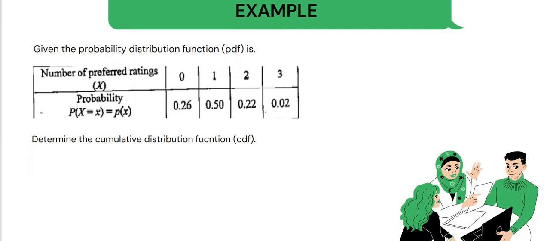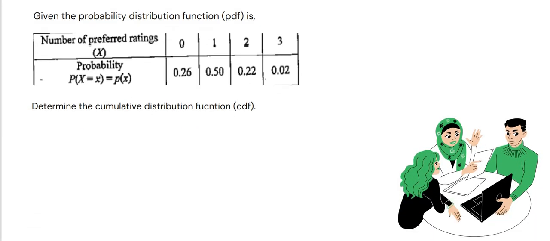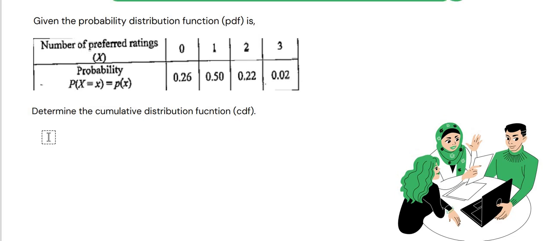So this is another example. We do the same thing. What we do is, for X equal to 0, we use P. No problem, you can use P. So P0 is already calculated for you: the probability for 0 is 0.26. You don't actually need to calculate it, but if you want to see more clearly, you can do it.